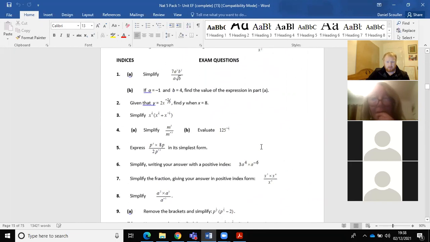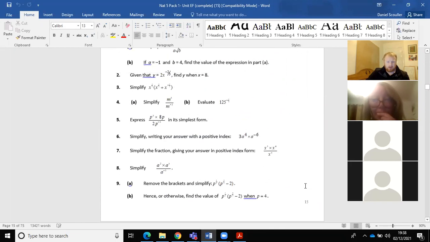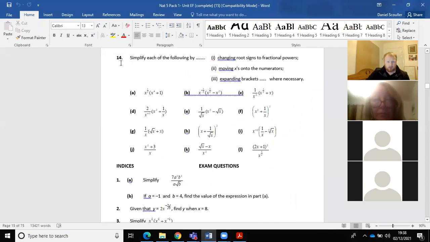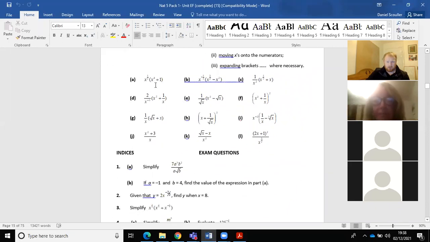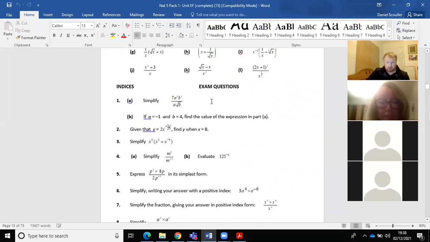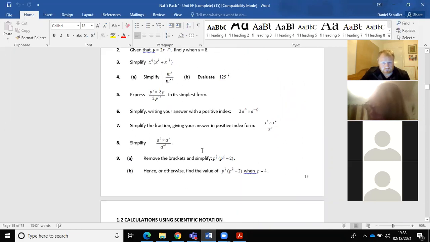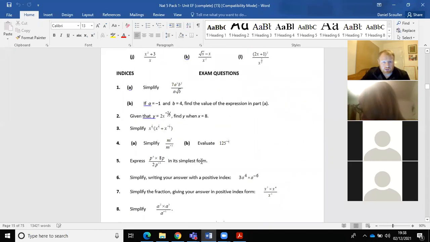Page 15 in that booklet. And there's question 14, which is all about roots and indices. And then there are some past paper questions there as well, which essentially do what we did there.